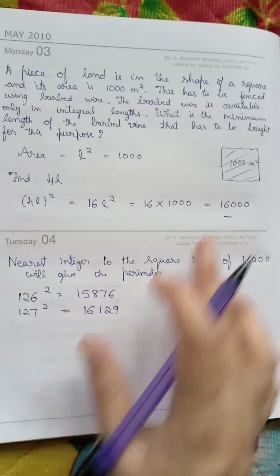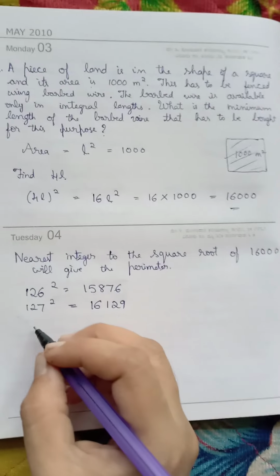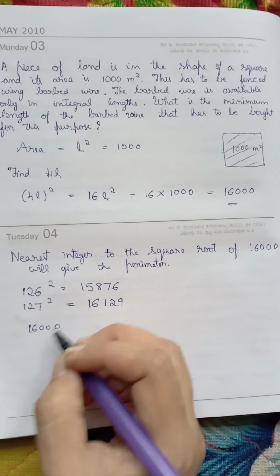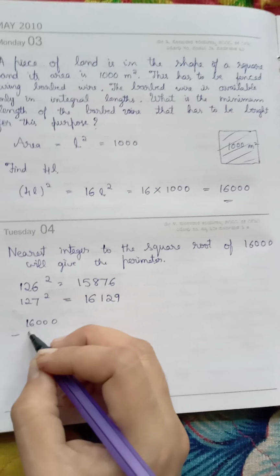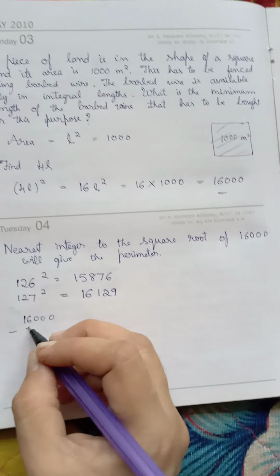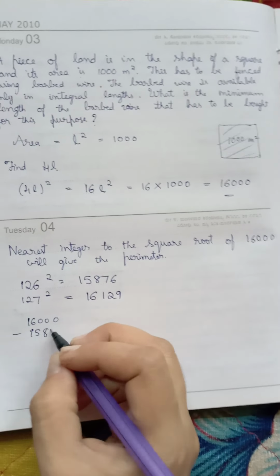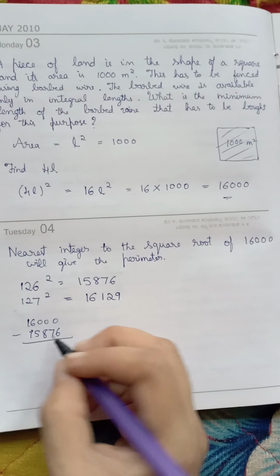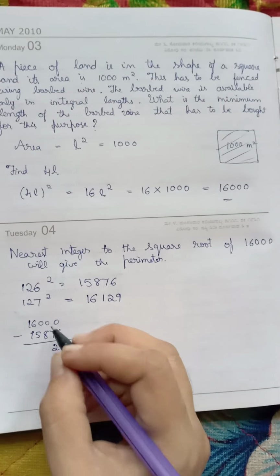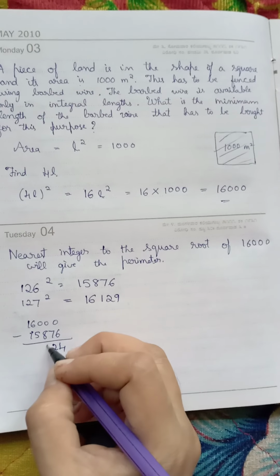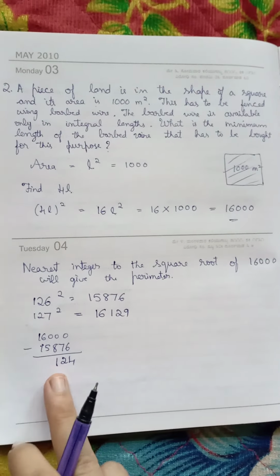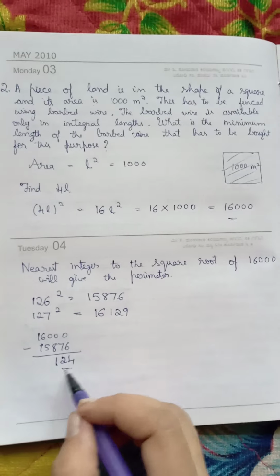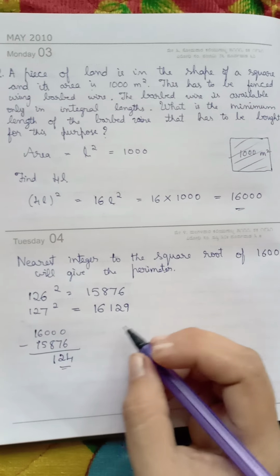Now let us see the difference. 16,000 minus 15,876. So 10 minus 6 is 4, 9 minus 7 is 2, 9 minus 8 is 1. So here you have difference 124.